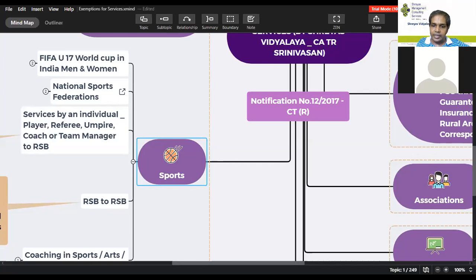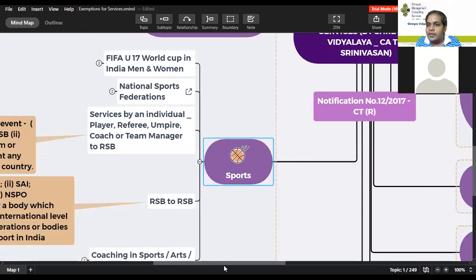So FIFA World Cup related activities are exempt. It's quite understandable because it was the first time an international event happened in India, so they wanted to give exemption related to football. Simply you can remember: football is exempt.